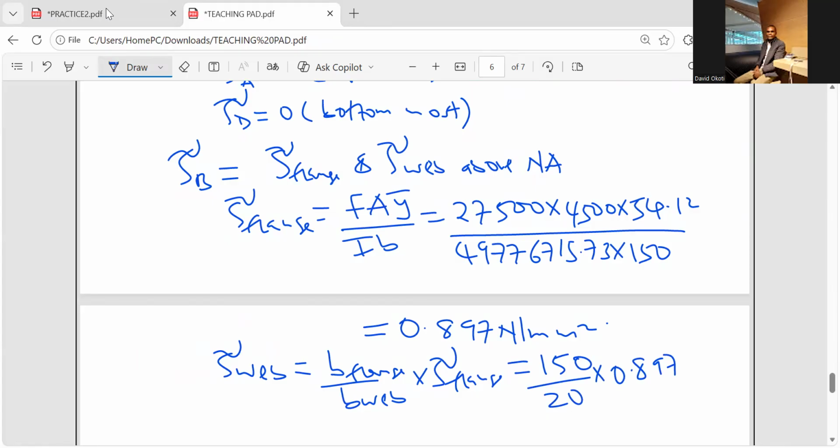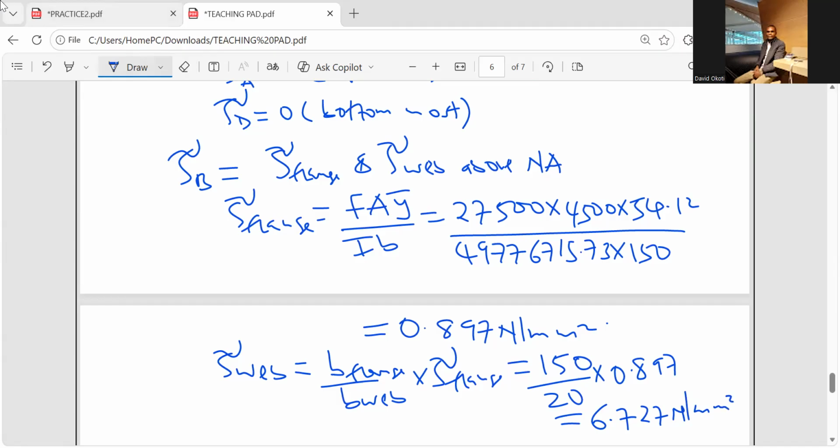The value of shear stress will be high in the web because the web is thin. And in design of steel beam, we assume the web resists the shear, while the flange resists the bending moment. So the web is subjected to the highest shear. So you find that the value of shear in the web at that point is 6.727 Newton per millimeter square.